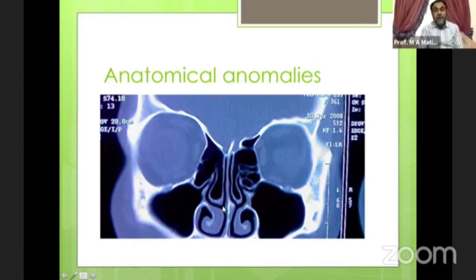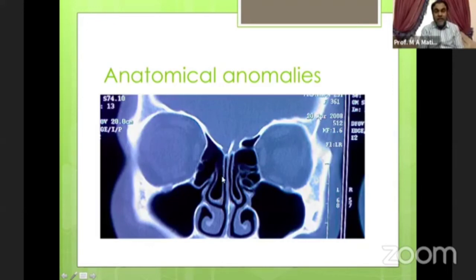Number two, suppose this is the septum. If there is a septal spur projecting to this side, or from here to here, a high septal spur can block the drainage. Anatomical anomalies cause sinusitis. Another is the turbinate. This is the middle turbinate. Normally the concavity is lateral and the convexity is towards the septum, so the normal contour of the middle turbinate is convexity medially.